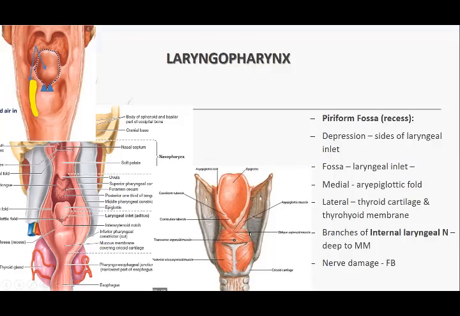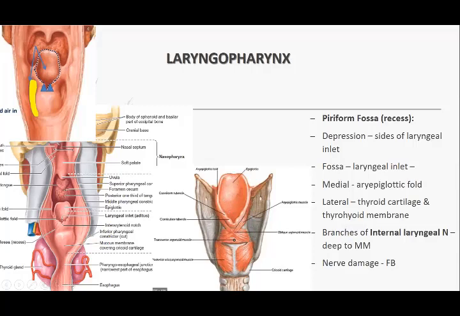Now what happens is, at times this area gets damaged, by a fish bone or a sharp chicken bone or some edge. If it gets stuck over here and pierces the thyroid membrane, the internal laryngeal nerve will be damaged. When the internal laryngeal nerve is damaged, that means this whole area is insensitive. When this area is insensitive and a foreign body comes here, the poor man or the poor lady will not know that there is a foreign body stuck up here, and this area is dangerous because the foreign body can roll over and simply enter the laryngeal inlet and go down into the larynx.